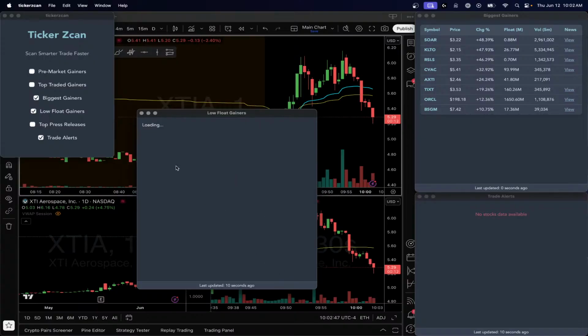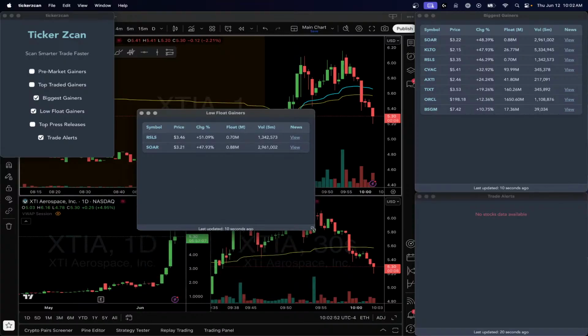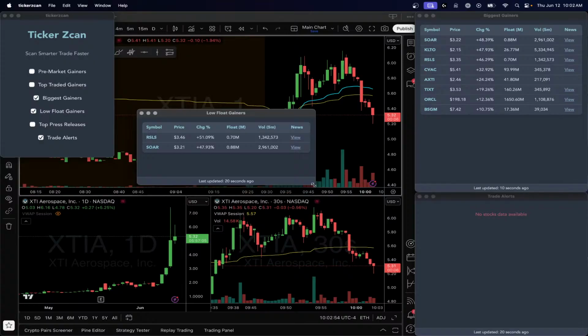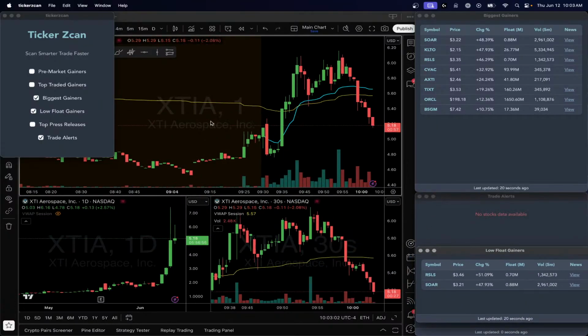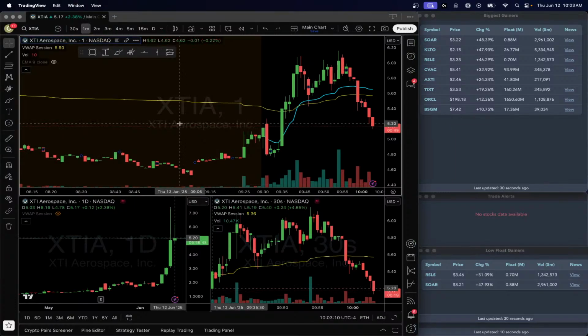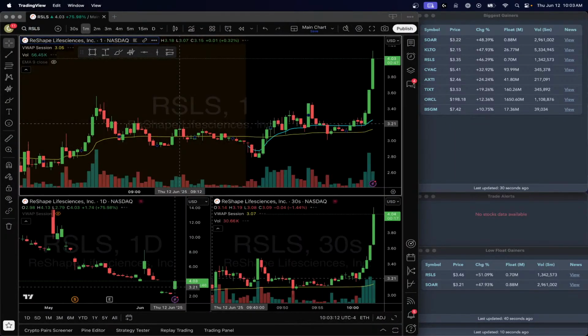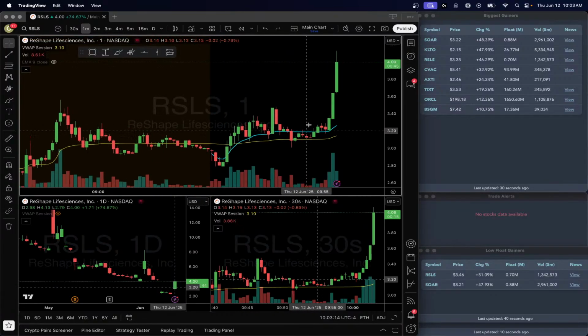I got to write the code to get that to be multi-threaded to break it up. So we've got RSLS and SOAR. Those are the low floats. RSLS and SOAR. XTIA. We got RSLS. Got a nice pop on that.